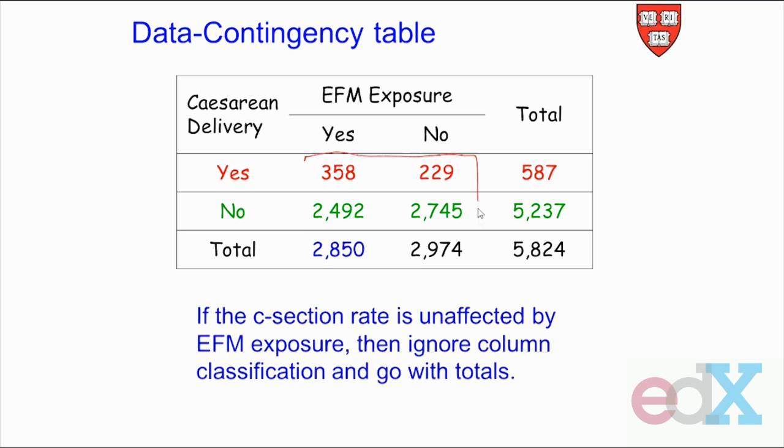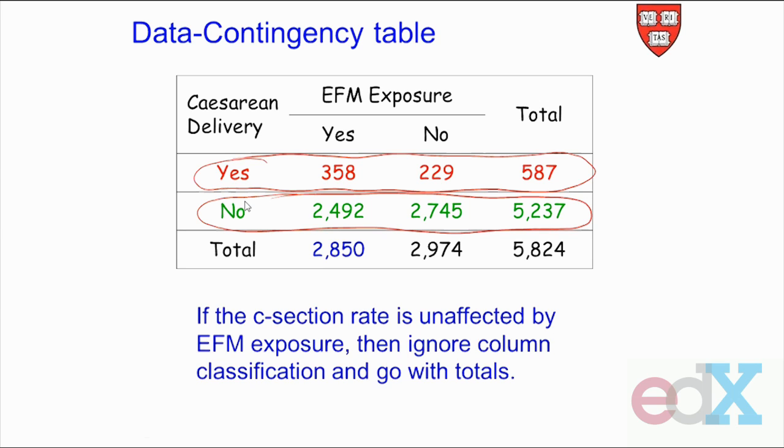You've seen a number of these now. The column tells us whether the woman had EFM exposure or not, and the row tells us whether she had a C-section or not.